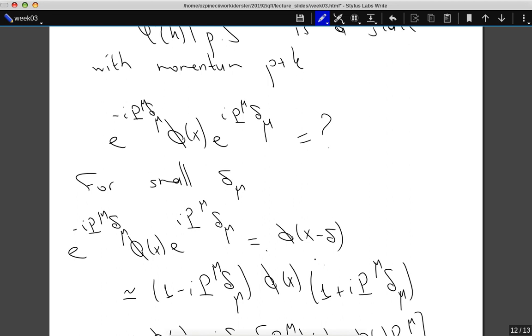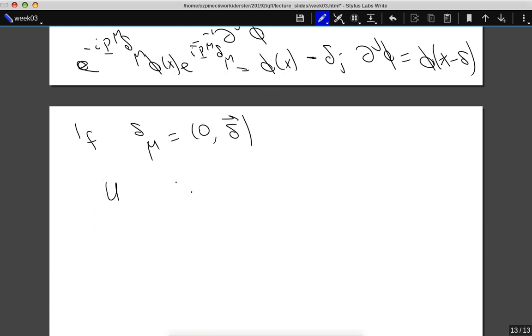I mean, if you have any symmetry, let's say U, the question is how does it act on your fields? Usually the action will be U phi U dagger.